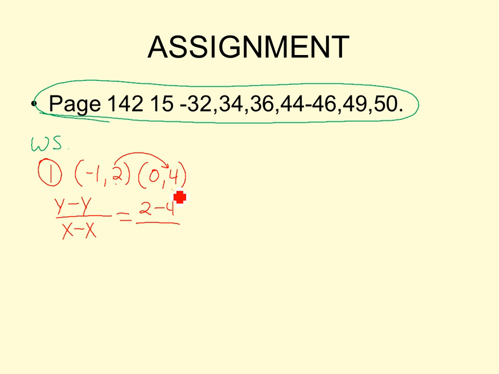When you go from 2 to 4, then you have to go -1 to 0. So you have to do -1 minus 0. That gives me -2 on top, -1 on bottom. If I reduce that down, the negatives just cancel out and you end up with 2 over 1, or just 2. If you leave it as a fraction, that would be fine. If you change it to just a number, that's fine also.